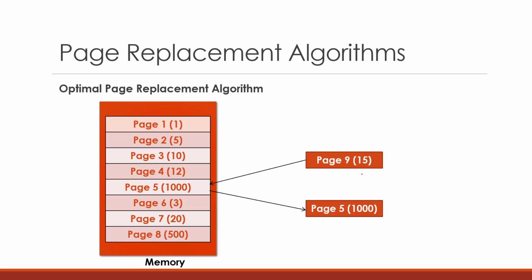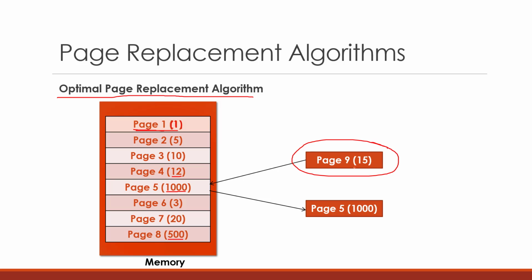So if this is page number 1, in brackets we normally specify after how many instructions this page is required. So for example, page number 4 is required after 12 instructions, page 5 is required after 1000 instructions. Similarly, page 8 is required after 500 instructions, right? So let's assume that we have these pages in the memory and we are talking about the optimal page replacement algorithm, and we have this situation in our RAM.